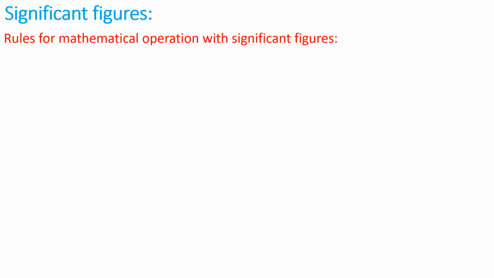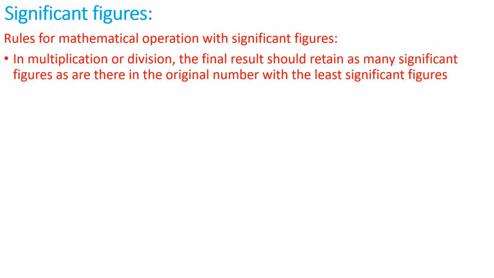That is studied using these two rules. In multiplication or division, the final result should retain as many significant figures as there are in the original number with the least significant figures.